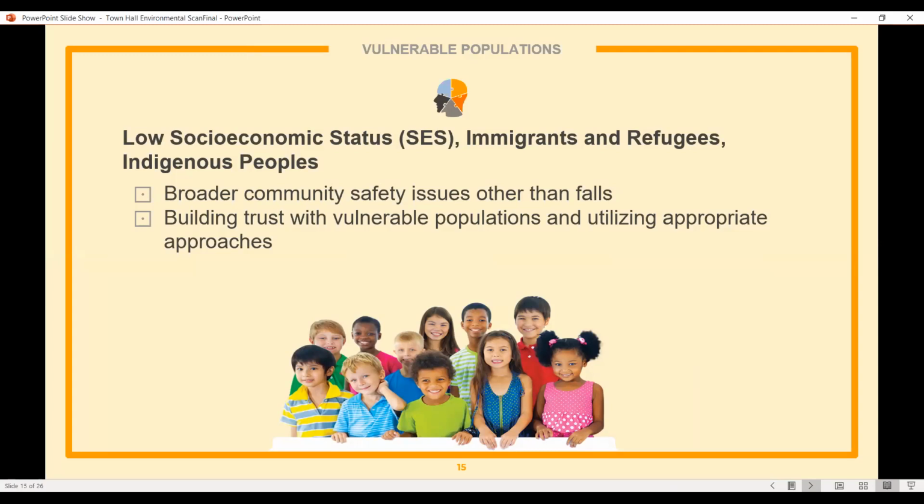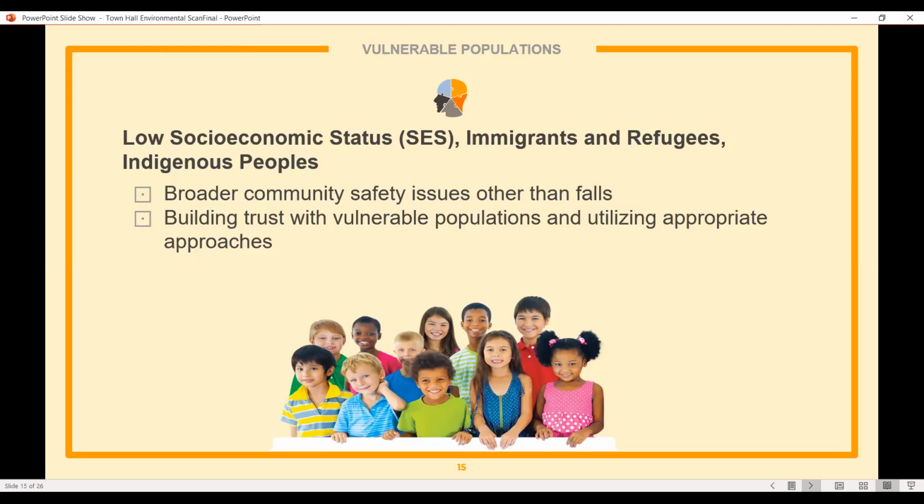And what do we mean by that? Maybe in some areas, in some communities, it's issues of crime, traffic, fires, many other issues that may come first and that may need to be couched in that broader context if we are to address childhood falls.